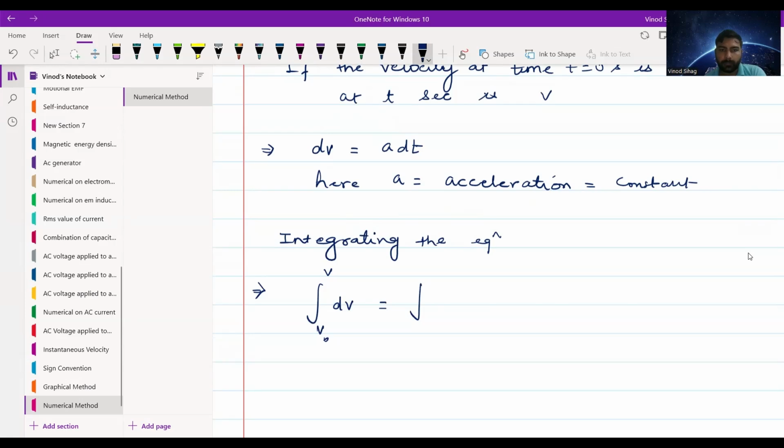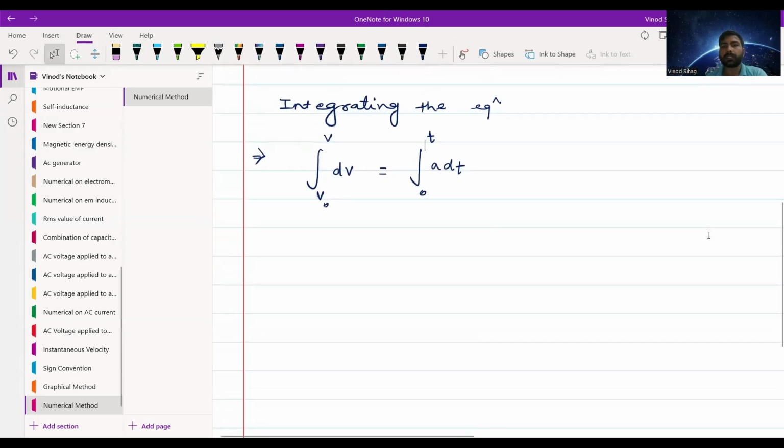And then the limit of time, that is from 0 to t seconds. Since we know that here acceleration is constant, so it will come out of the integration. So the equation will be integral from v naught to v of dv equals a times integral from 0 to t seconds of dt.